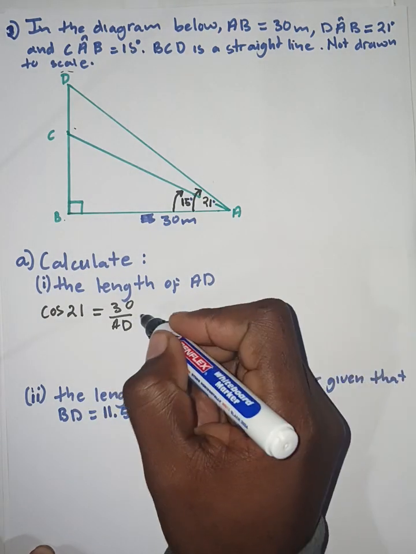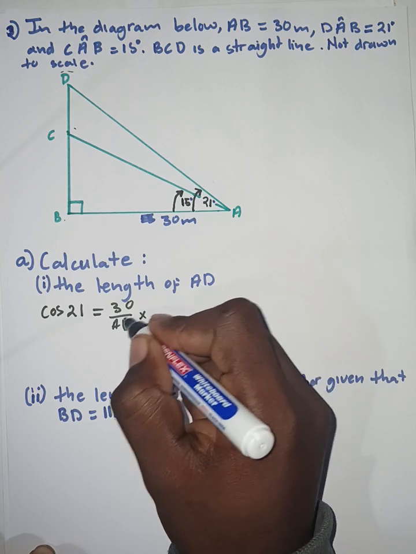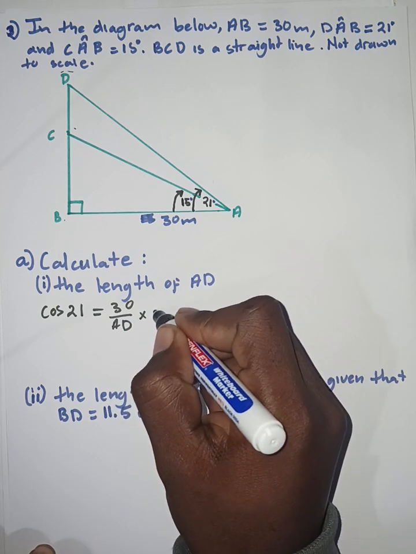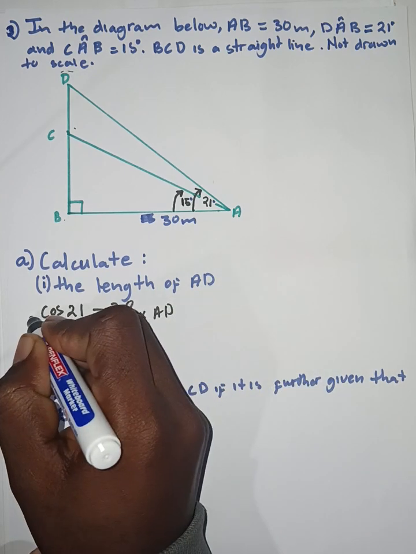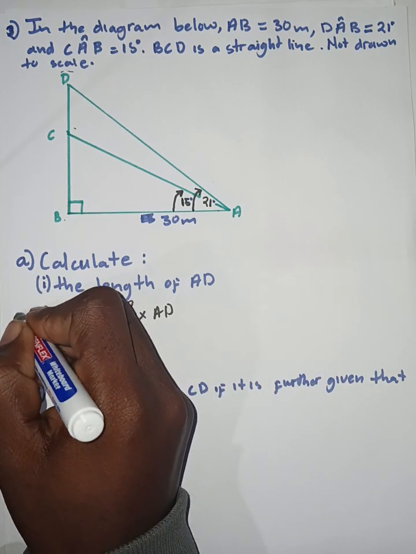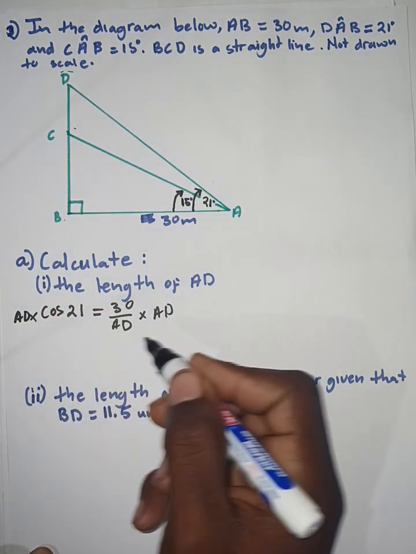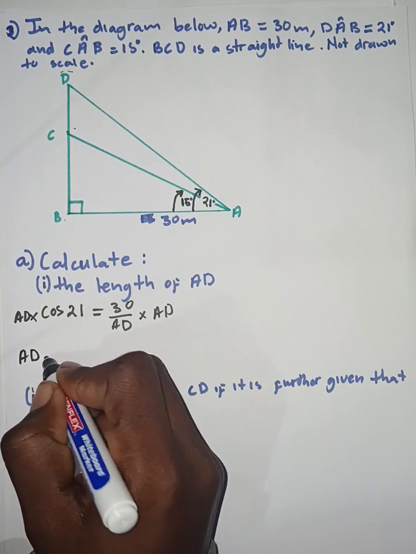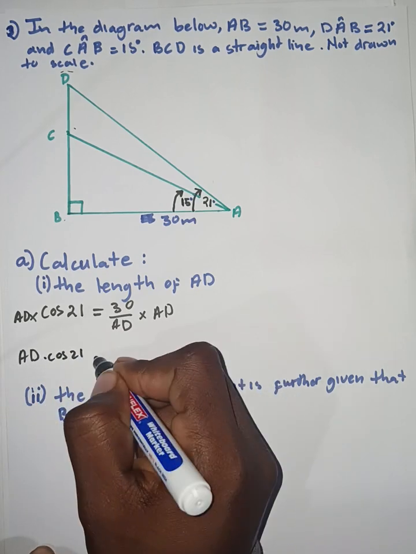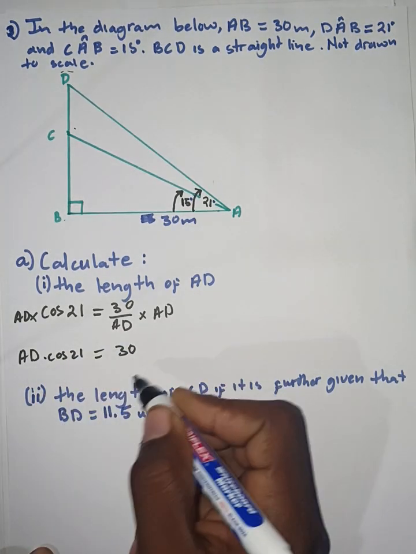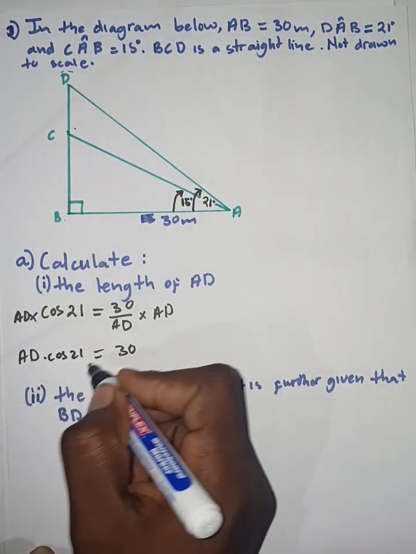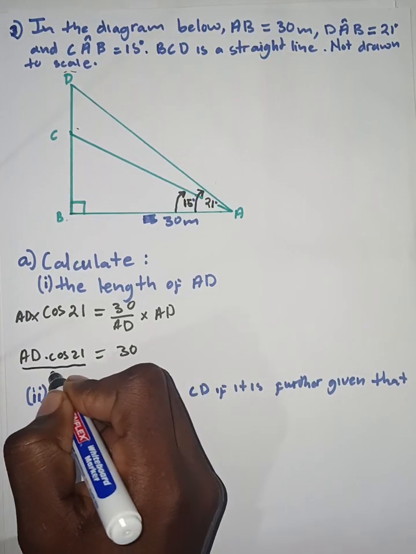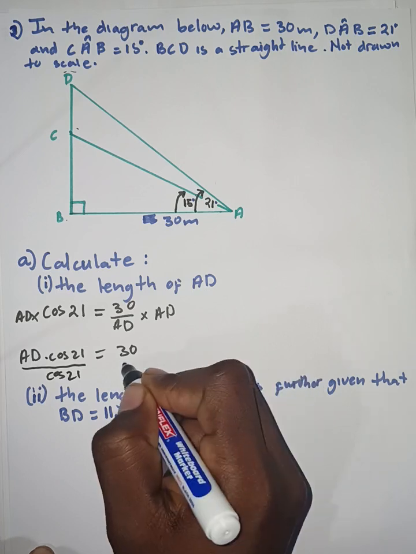To find AD, I would multiply by AD on both sides. So what I will get is AD multiplied by cos of 21 equals 30. And since I'm looking for AD, I would divide all of that by cos of 21.